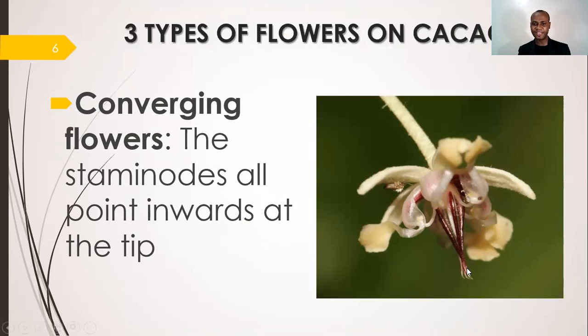As you can see here, the staminals converge at the tip. So over here, we see that the female part of the flower is completely covered. Pollen from here finds it difficult to fertilize in this particular type of flower on the cacao tree.